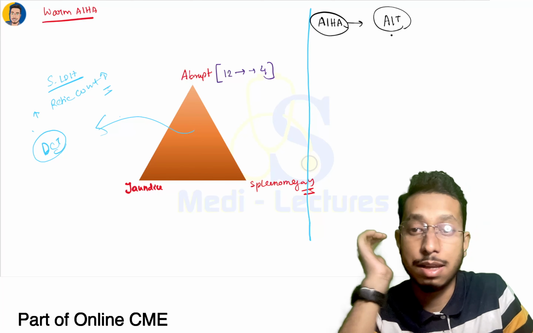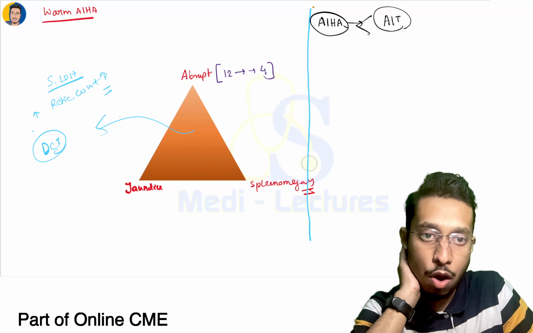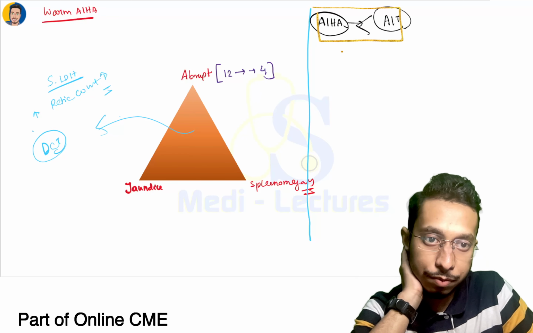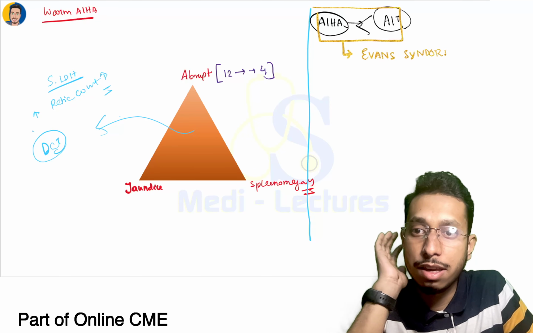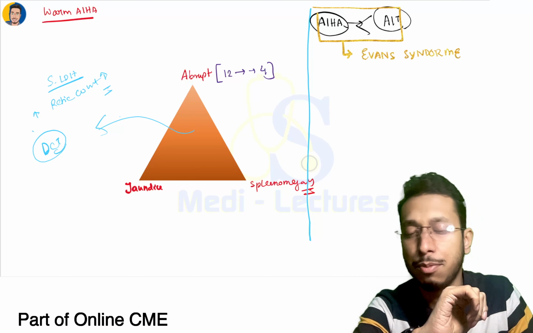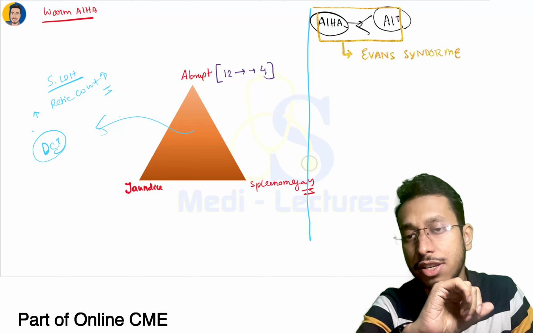Sometimes autoimmune thrombocytopenia is the earlier presentation than autoimmune hemolytic anemia. And when these two go hand in hand together, we name them Evans syndrome, which can be a manifestation of common variable immunodeficiency or primary immunodeficiency.